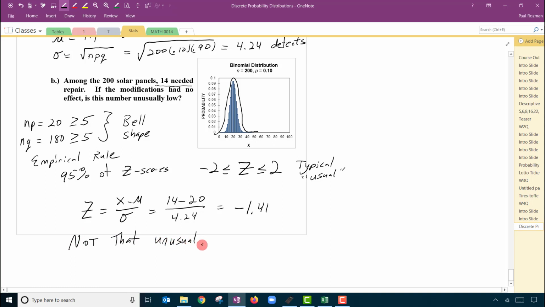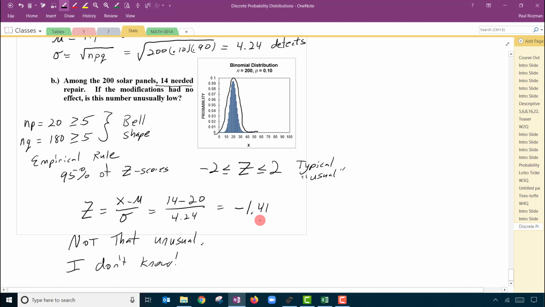So with that information, can I conclude that the modifications helped? And I think the answer is, I don't know. Because I didn't get an unusual result. Had I gotten a number here like -3 or -4, then I would say, yes, something really weird happened.